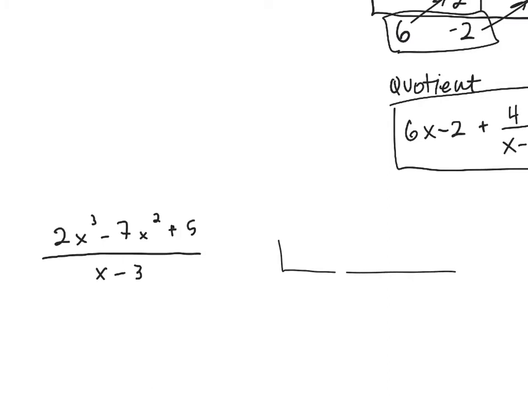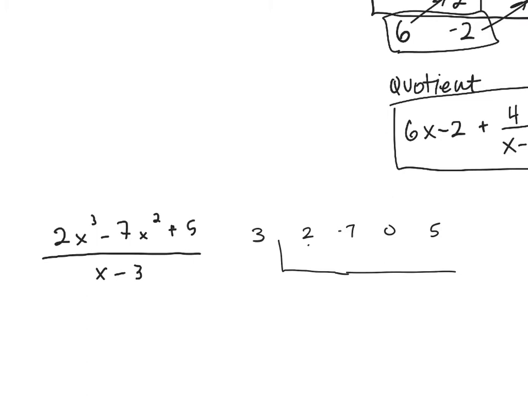So when we do synthetic division here, we take the coefficient 2, negative 7, but then we have to have a 0 where that x term would be. And then we have 5. And then the 0 of our denominator, or the term that would make the denominator equal 0, is positive 3.